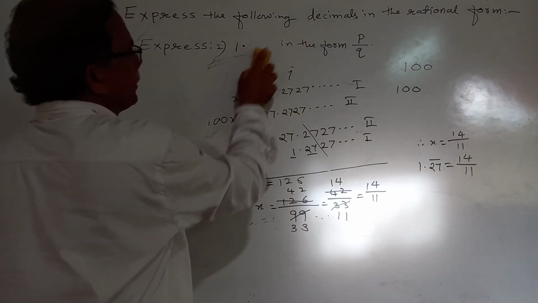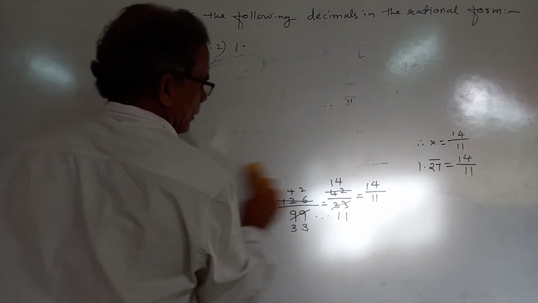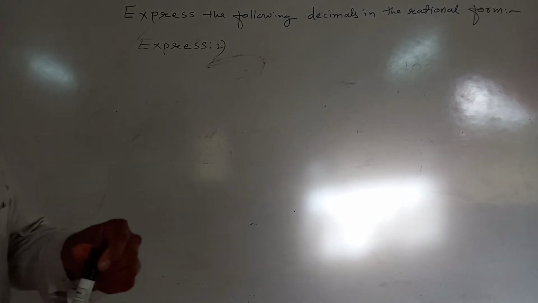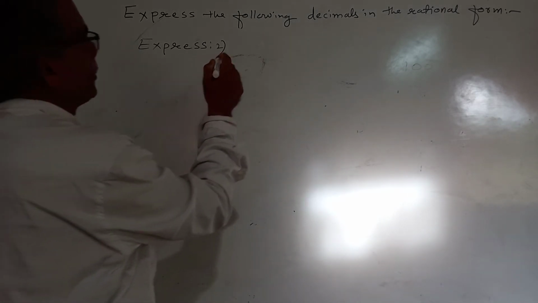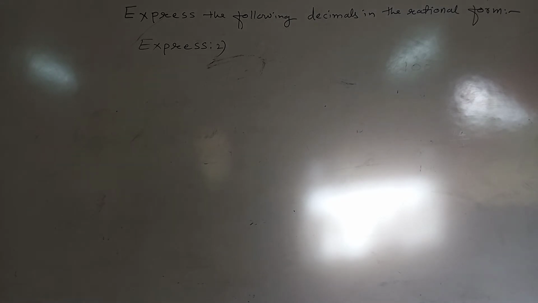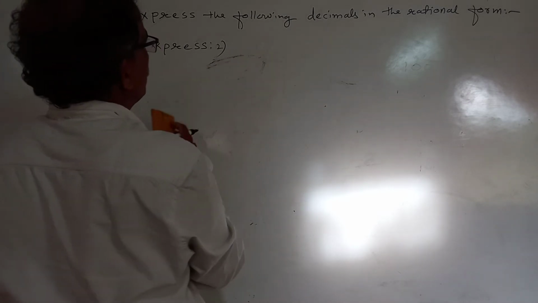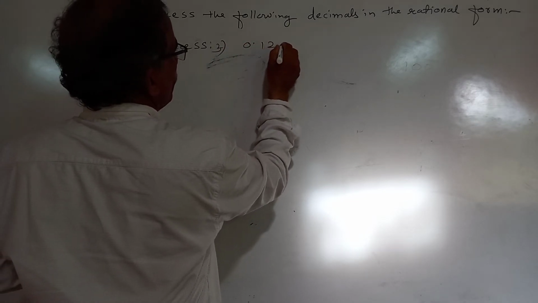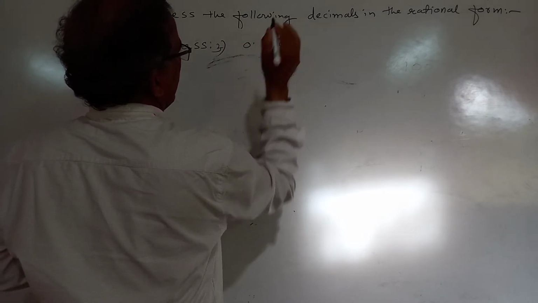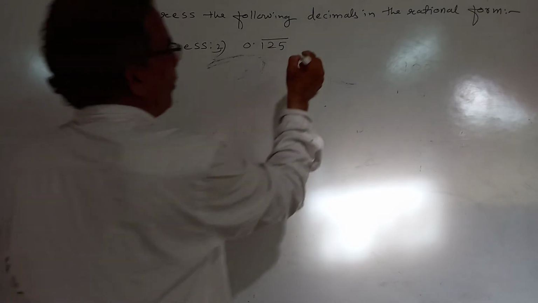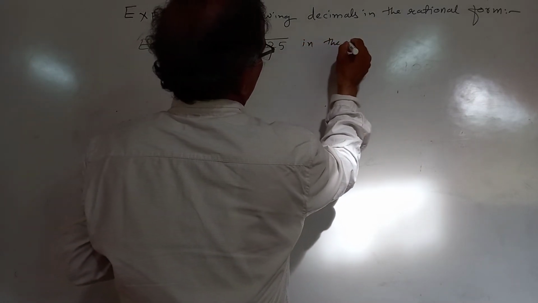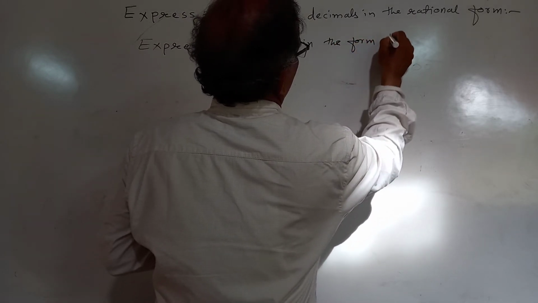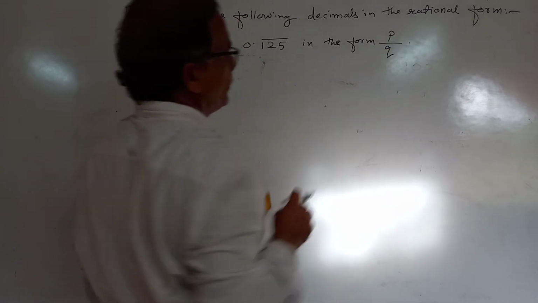Now see. So now express the third example, 0.125 recurring in the form p by q.